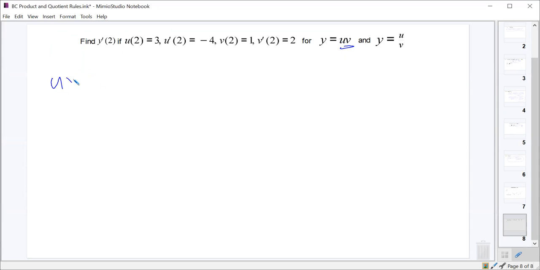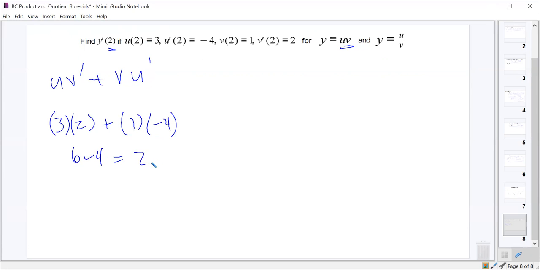That would be u times v prime plus v times u prime. And since we're looking for it at 2, we just evaluate each of these at 2. U of 2 is 3. V prime of 2 is 2. V of 2 is 1. And u prime is -4. So you get 6 minus 4 over 2. Just by applying their product rule. Good or no?